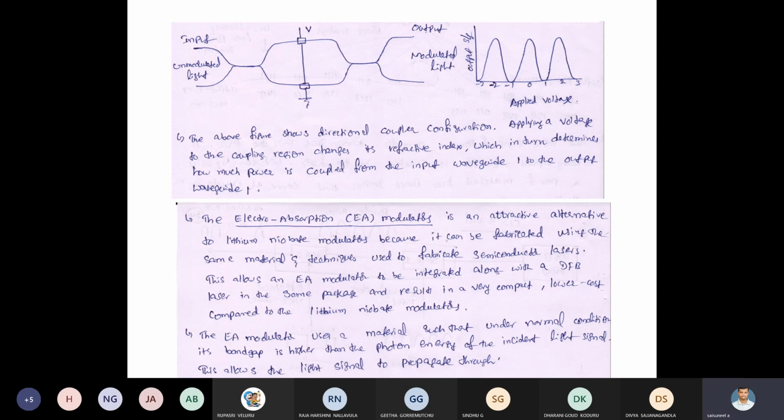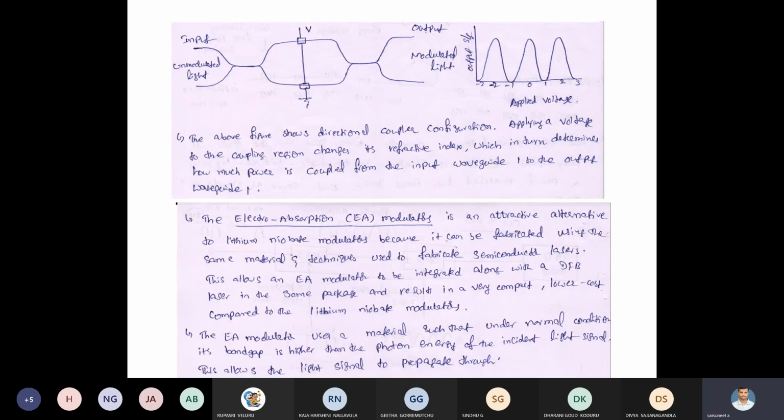But what is the use? The electro-absorption modulator uses a material such that under normal conditions its band gap is higher than the photon energy of the incident light signal. This allows the input signal to propagate through it.